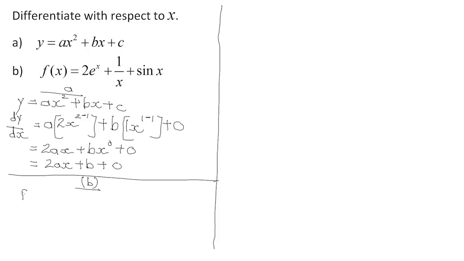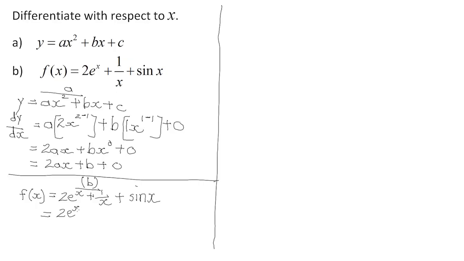So the first thing is we need to express this in standard form. The function of x is equal to 2e^x plus 1 over x plus sine of x. 2e^x is okay, exponential, so in other words, I must first write it in standard form.